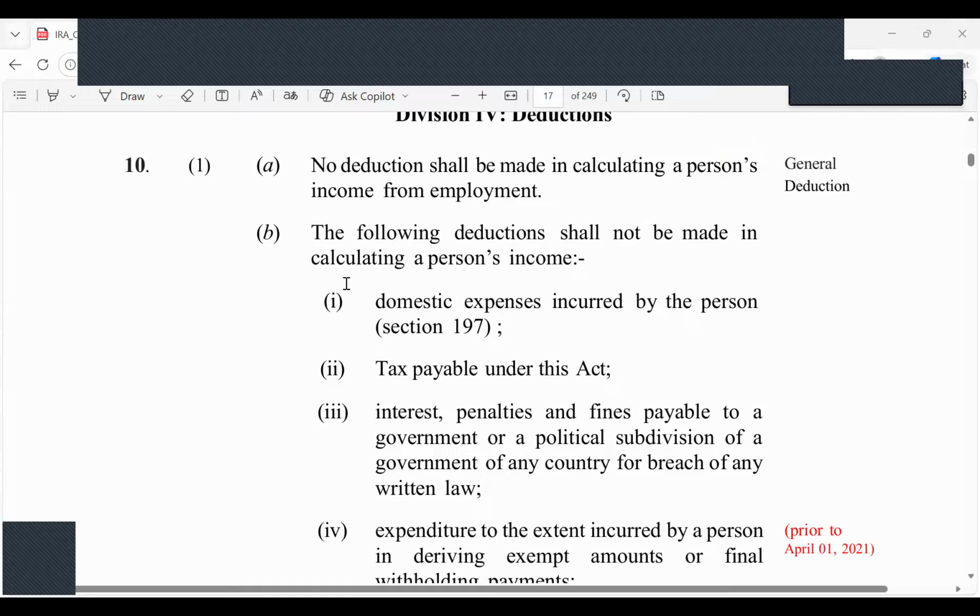That means not only for the individuals but also entities. These non-deductible expenses are applicable for all individuals, all entities. That means for the persons.